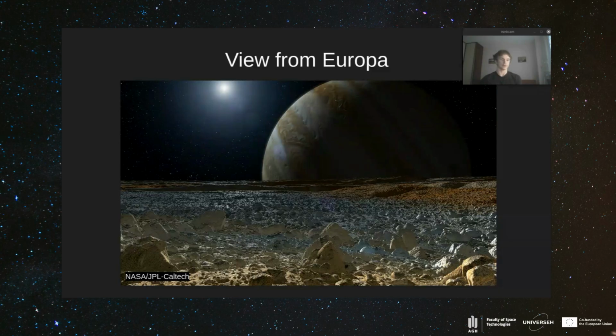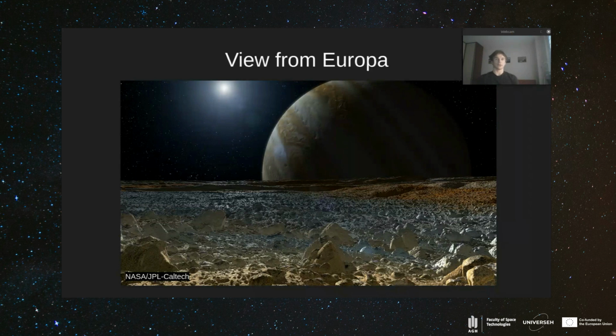If we could see the magnetic field of Jupiter, it would not only dominate Europa's view, but also the view from Earth. That's how large the magnetic field is. Also, from Europa, we'll be able to notice moons depending on the time of their orbits.